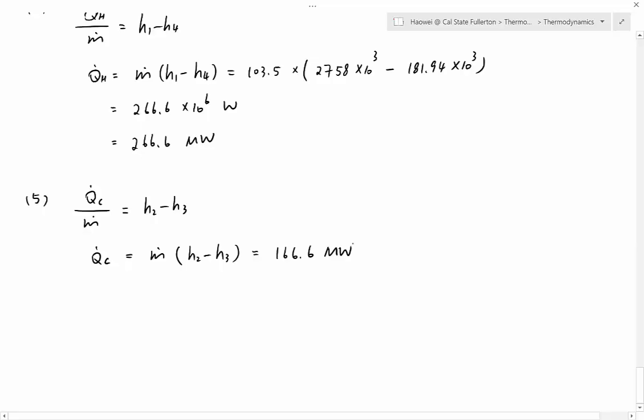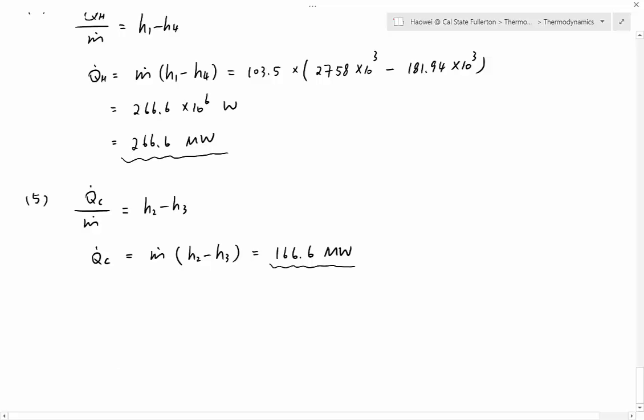And now we can double check if our solution makes sense. So heat gain is 266.6. Heat loss is 166.6. QH minus QC, what is that equal to? That is equal to W cycle. So the difference between those two numbers is 100 megawatts, and that is equal to W cycle. Is our W cycle equal to 100 megawatts? Yes, it is given as 100 megawatts, so our solution makes sense.